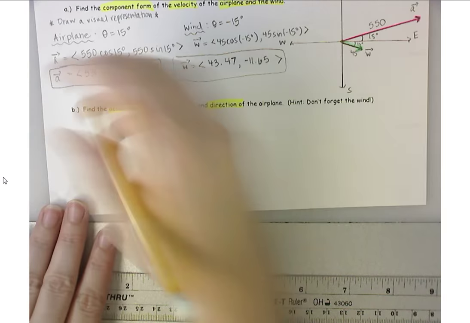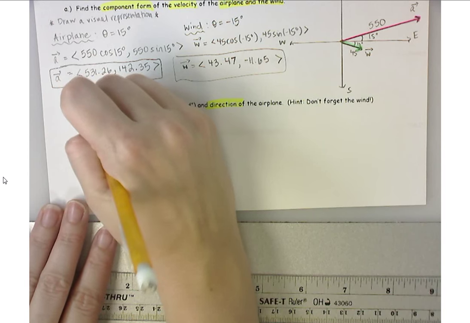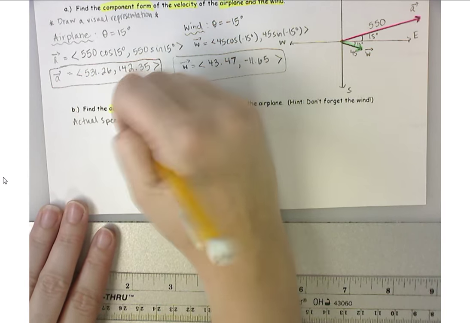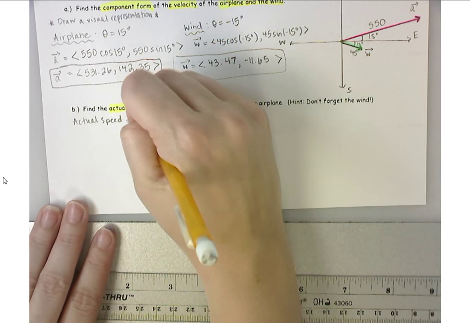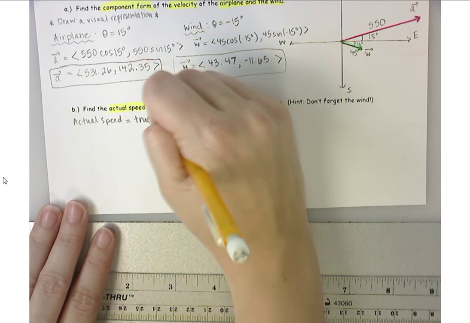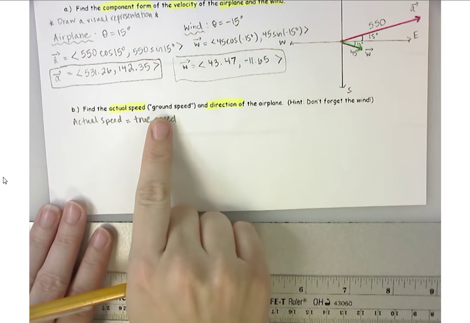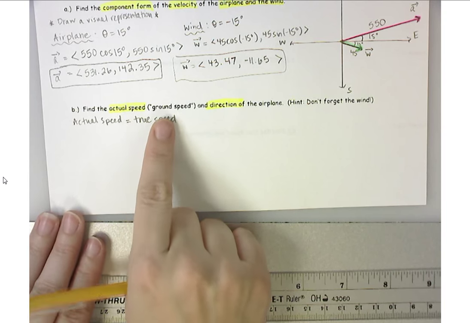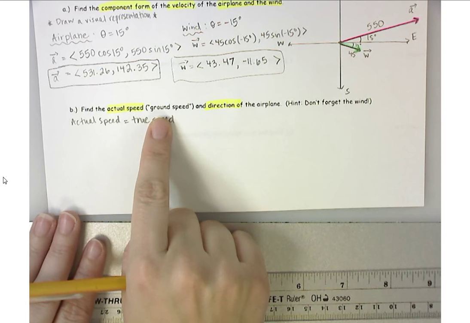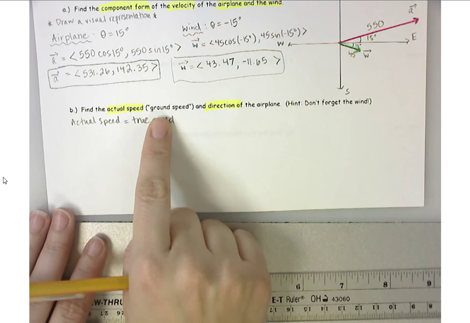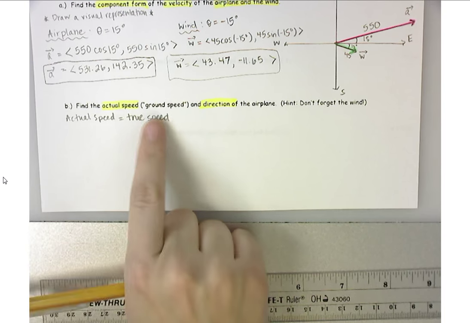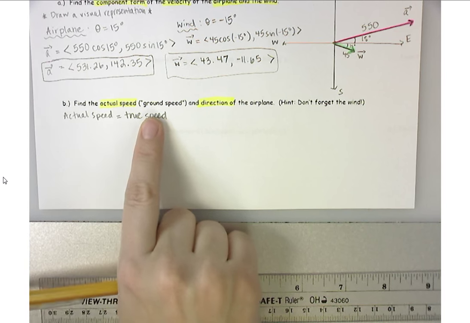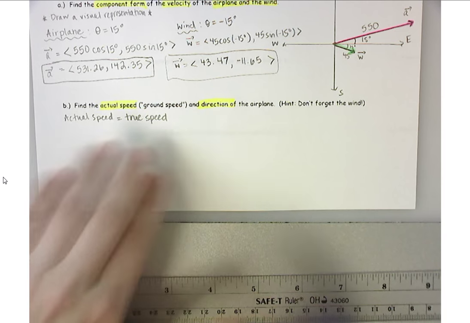The actual speed you will hear referred to as the true speed most of the time, but it is the same thing as the actual speed or ground speed. I feel like ground speed is used more in terminology when you're doing aeronautical things. Like in movies they'll say, "Oh, what's your ground speed?" So that's what they mean.